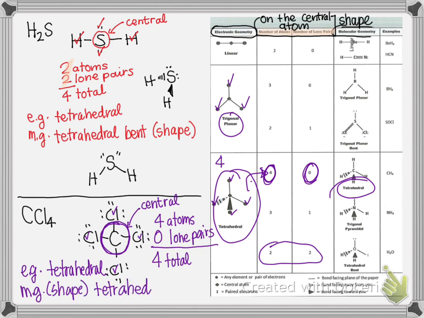What you notice with these is if there's no lone pairs on the central atom, the electronic geometry and the molecular geometry or the shape are the same. Now, to draw the tetrahedral, it looks kind of like a tripod. So you would have a carbon in the middle.